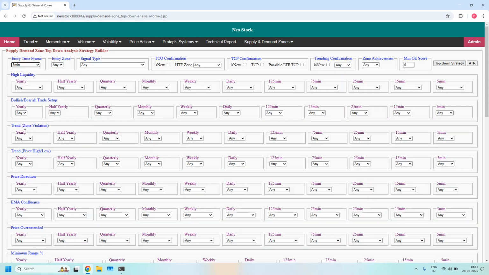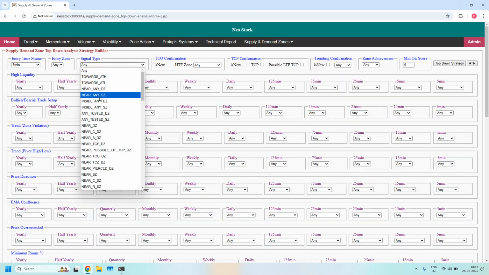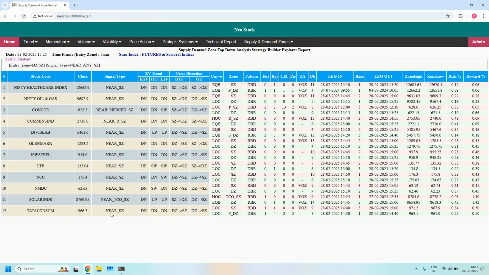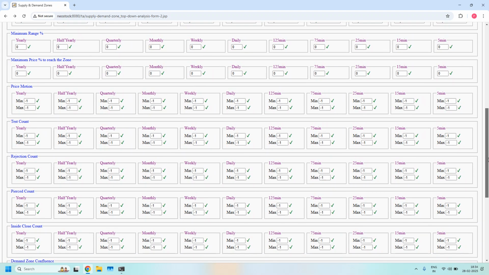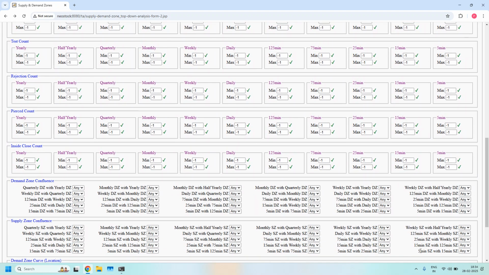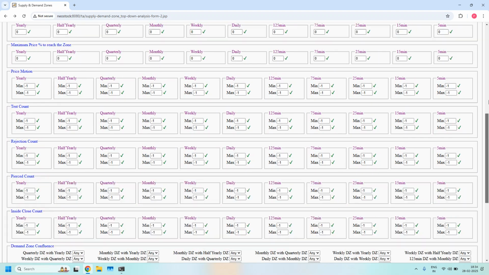For 5 minutes time frame, stocks near 5 minutes supply zone, we got 12 stocks. Out of these 12 stocks, how many of these 5 minute supply zones are having confluence with 15 minute supply zone? So I'm enabling the filter, 5 minute supply zone with 15 minute supply zone confluence.